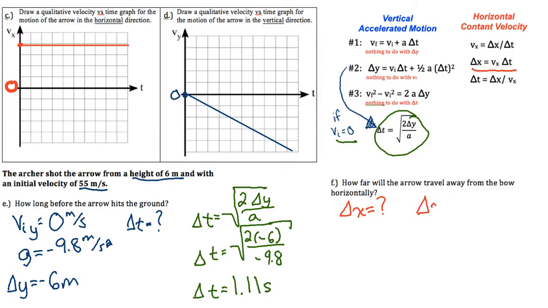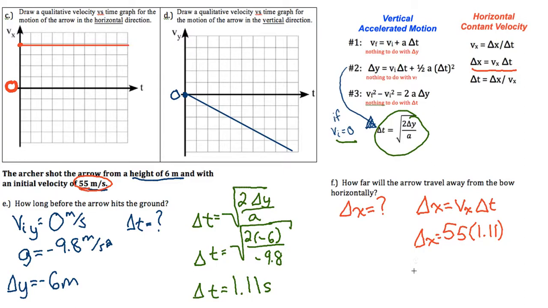Delta x will equal the velocity in the horizontal direction multiplied by the time in the air. Well, our velocity in the horizontal, that's what they gave us over here. They said that he launched this arrow with a speed of 55 meters per second. So our delta x will equal 55 times our amount of time in the air, which we just found right here, 1.11.